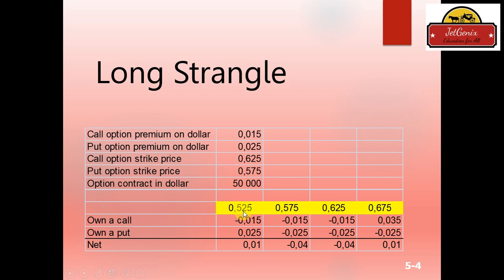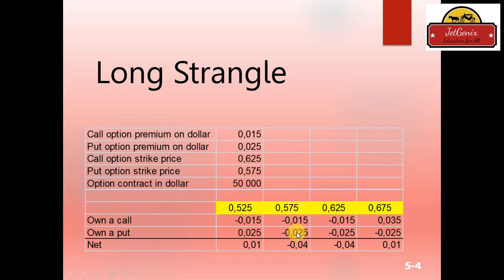So if the spot price goes to 0.525, we are going to lose some money on our call option, and we are going to have 0.025 on our put option, and the net result is 0.01. And if the price goes up from 525 to 575, 625 and 675, you see, in these conditions we are losing on our call option, and here we are having some return on our put option.